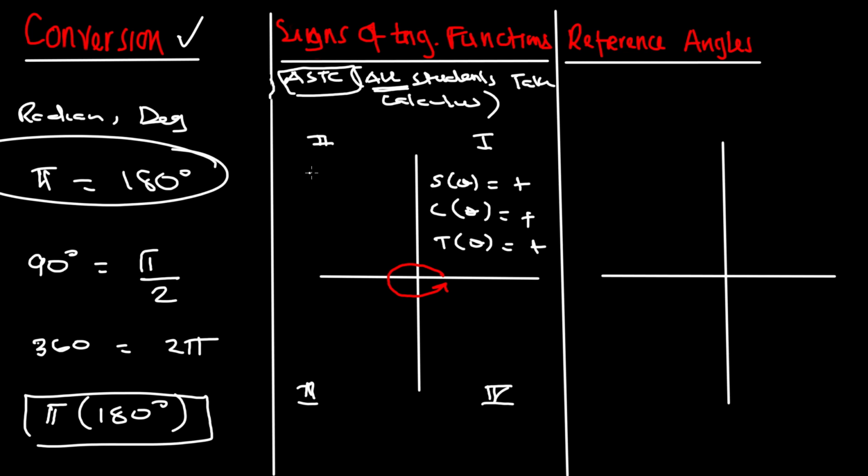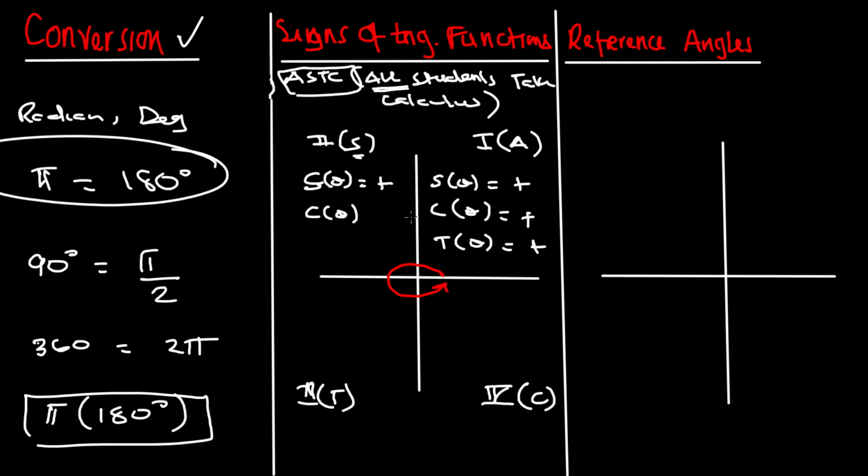If we come to the second quadrant, here it's S: All Students Take Calculus. Sine here, because we've mentioned it, will be positive.